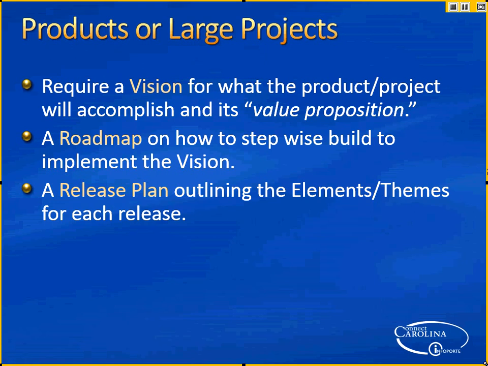And then a release plan that says this is what should be in each release going down. And again, even here you have to be somewhat adaptive. But without that kind of a vision, what are you doing, right?